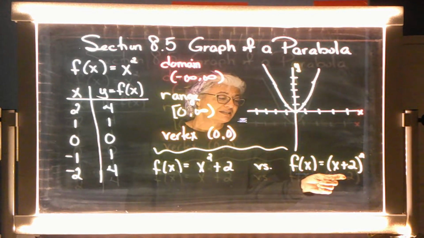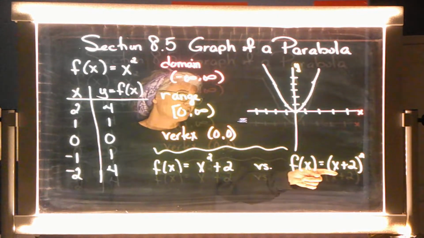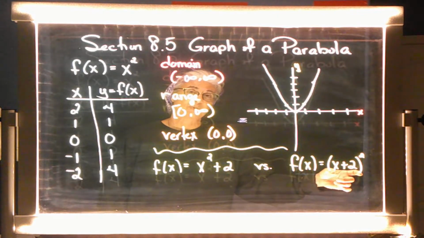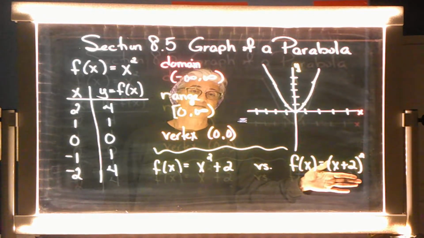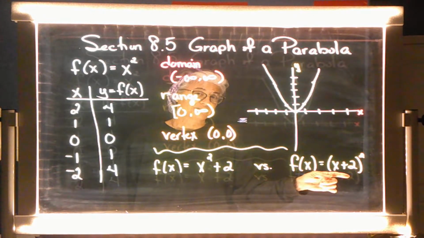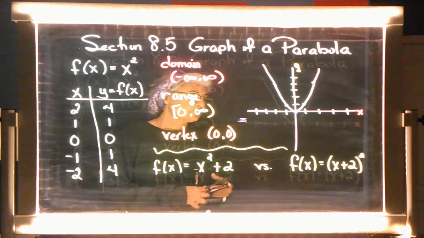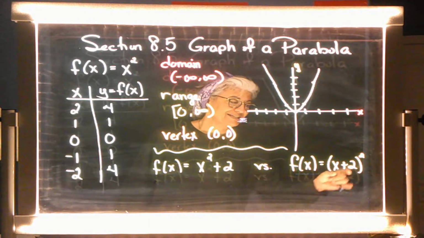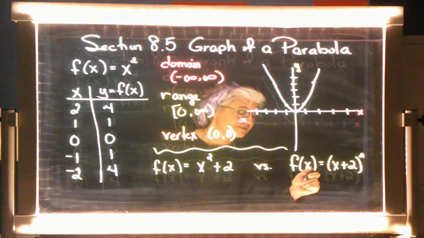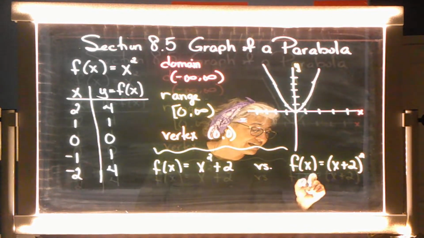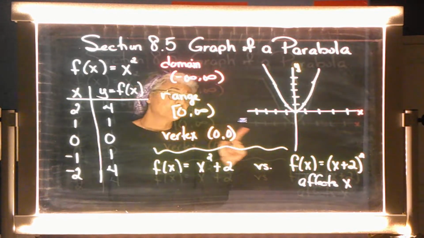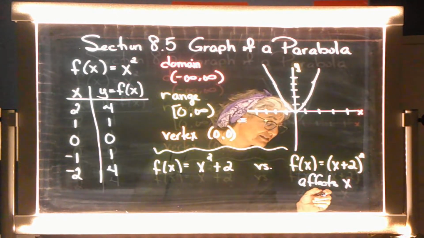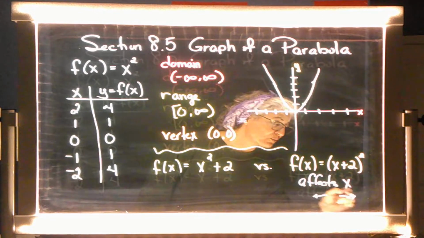This one is where the house of x opened its doors, because now I've got these parentheses, and the plus 2 moved inside. Notice the square is outside, isn't it? This one, when you have a number that's inside the parentheses of the x, affects the x's, which means your graph is affected either left or right.